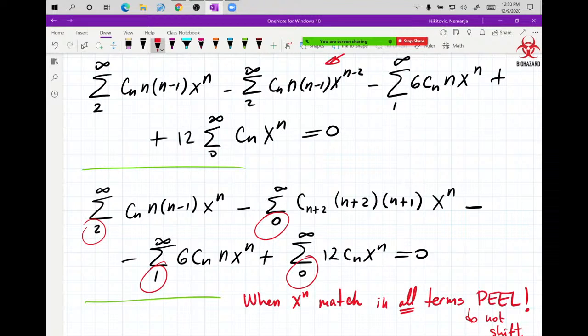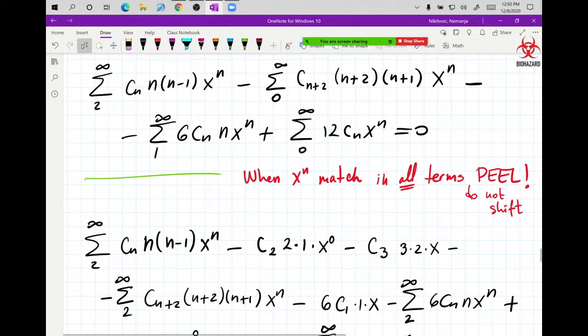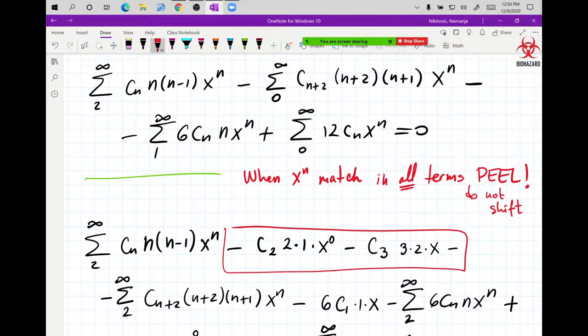So you pick which is the highest one, in our case is 2, and then you make every single one of them start at 2 by peeling 0 and 1 term, whatever is necessary. So looking at the first one, that starts at 2, so that was just a copy.